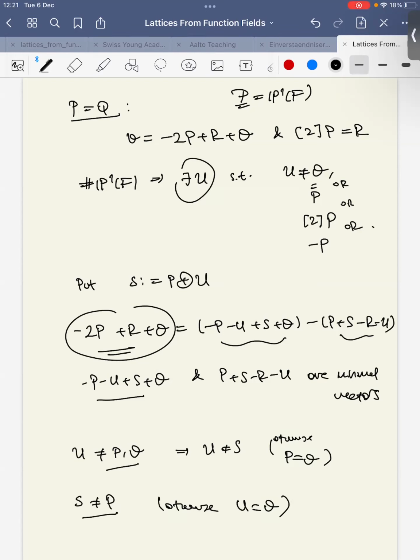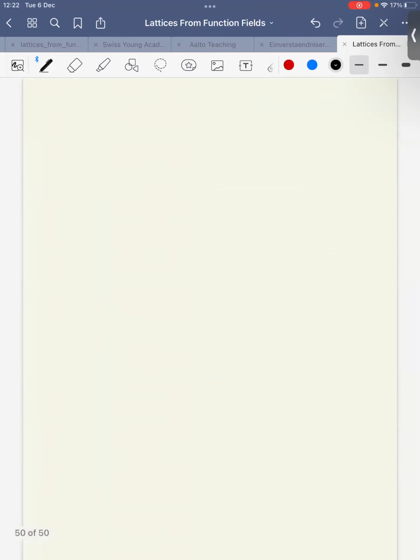And finally, S cannot be O, because otherwise P plus U is O, so U is minus P. Again, it cannot be by the choice of U. Thus, minus P minus U plus S plus O is a minimal vector, because all of them are different from each other, and P plus U is equal to S.